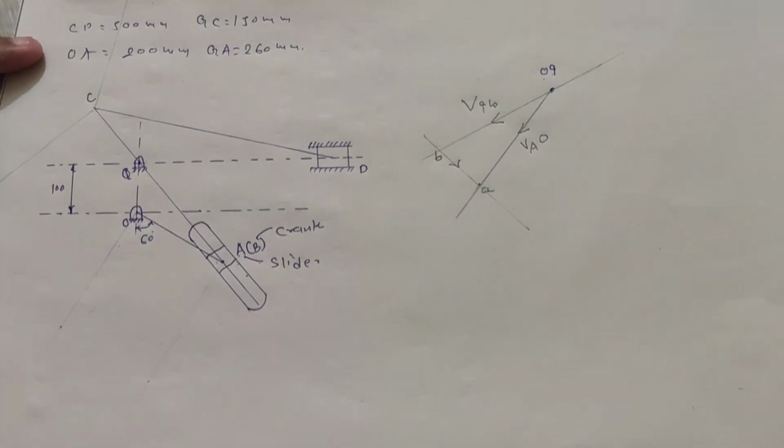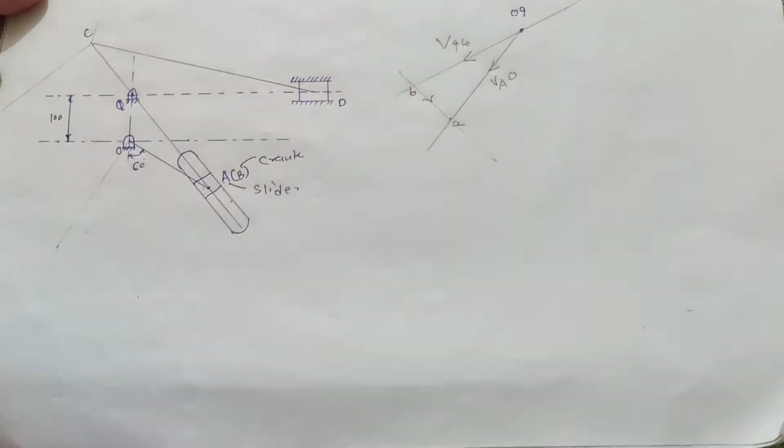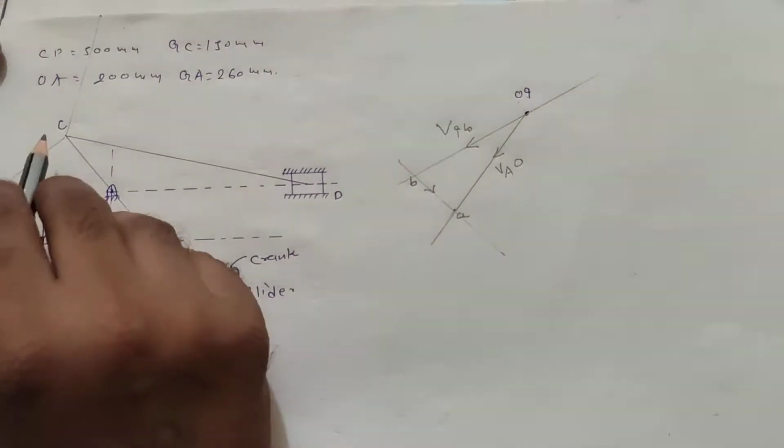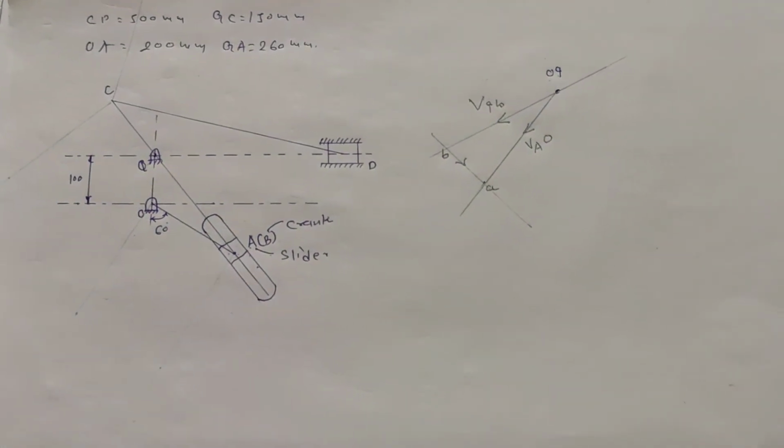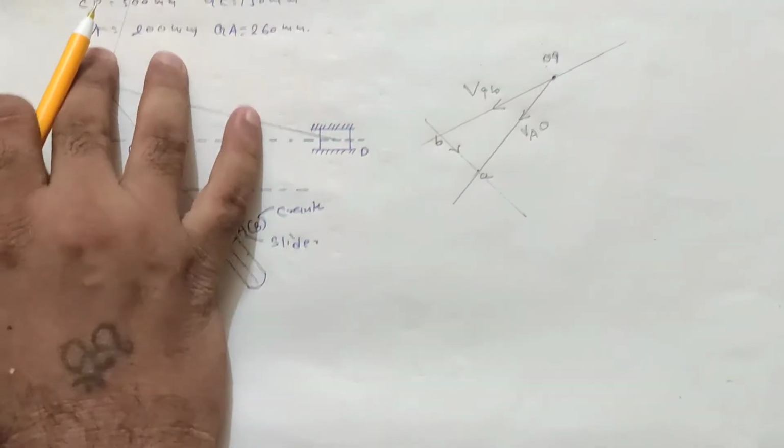Clear up to here. Now on this link there is another point, that is C. How can we represent the point C? For this one, there is an equation that we have to consider.